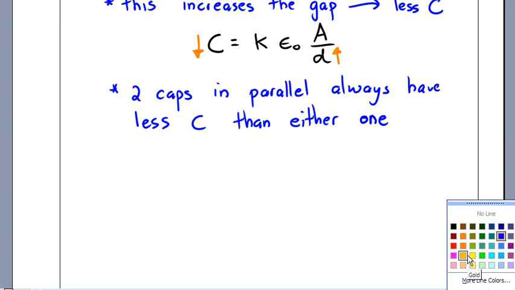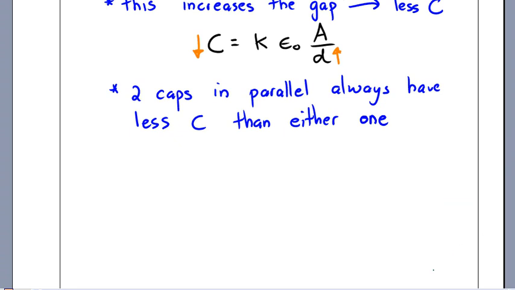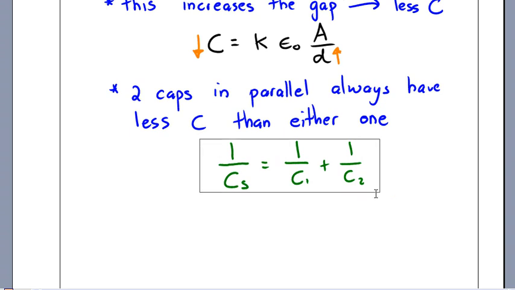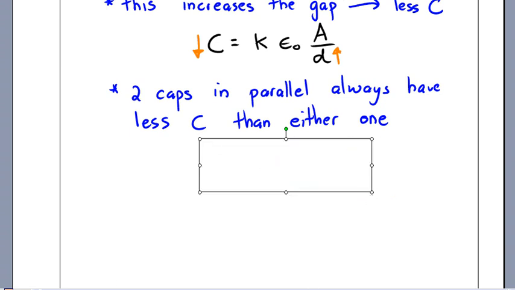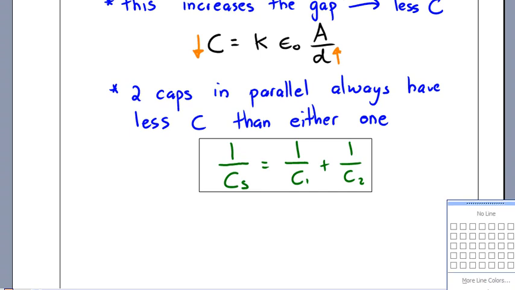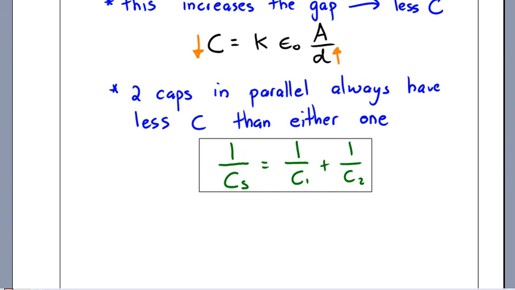The equation for calculating overall capacitance when things are in series, you can probably guess it because this is, after all, just like resistors but backwards. So 1 over the total capacitance in series is equal to 1 over capacitance number 1 plus 1 over capacitance number 2. So again, not like resistors in series.